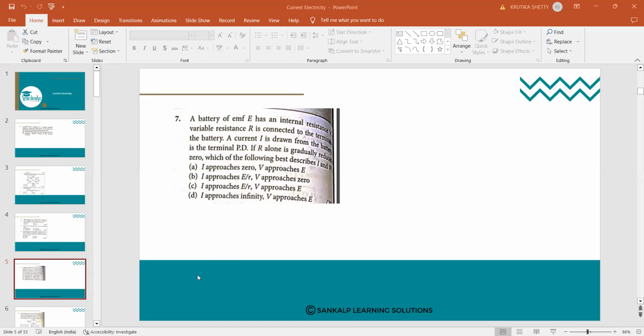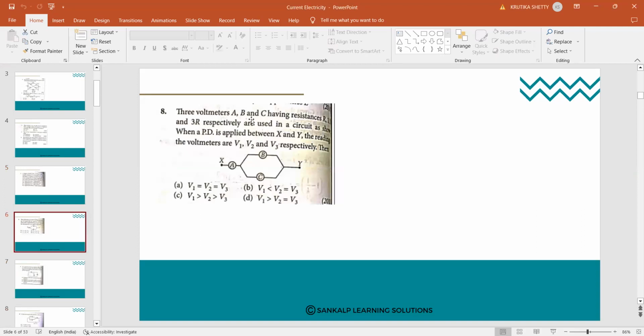Okay, the next question. Three voltmeters A, B and C having resistance R, 1.5 R and 3 R respectively are used in the circuit as shown in the figure. It is not clearly visible here, but they are R, 1.5 R and 3 R. An easy question, but some will not understand.